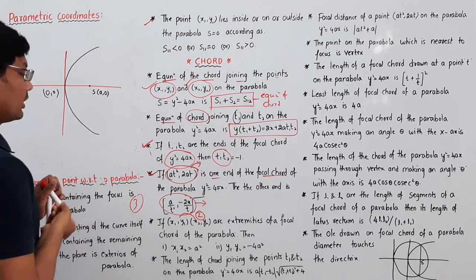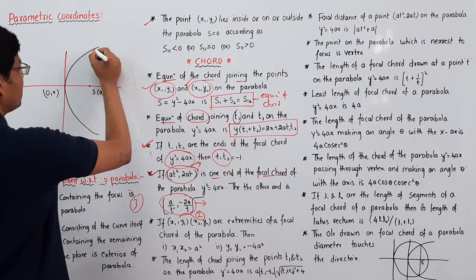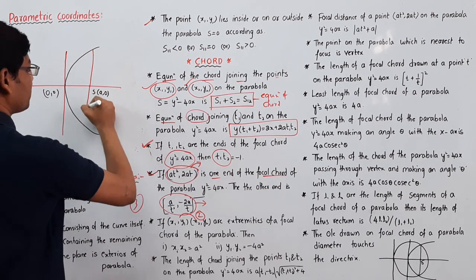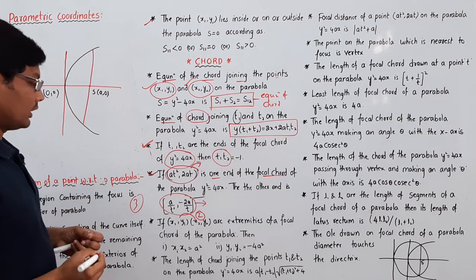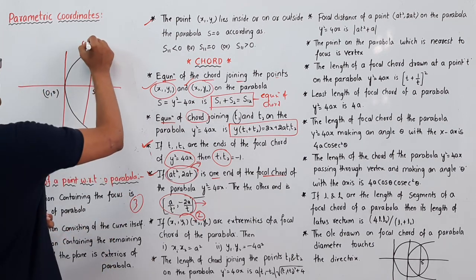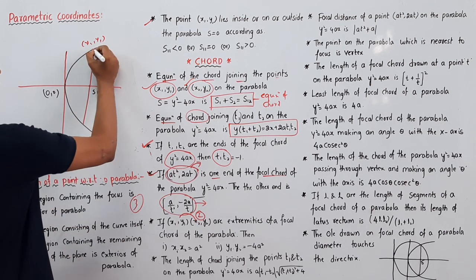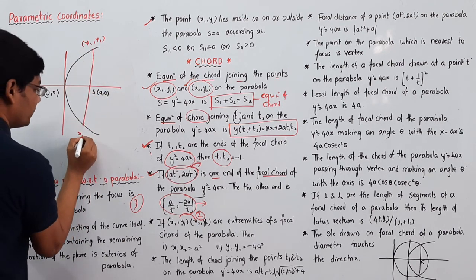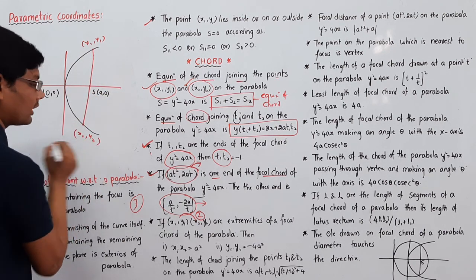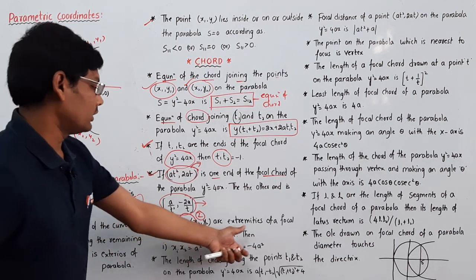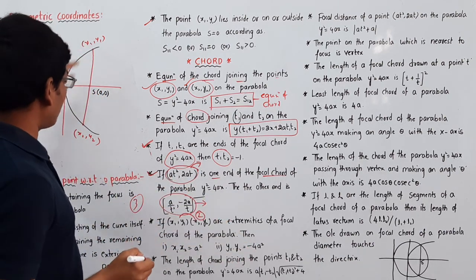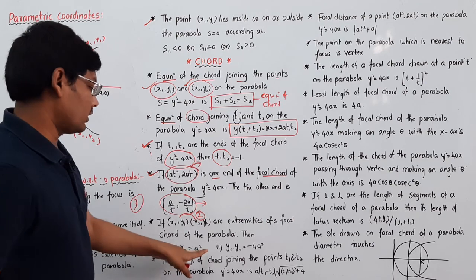And next I am drawing a focal chord which passes through the focus, with x1 comma y1 as the first end of the focal chord and x2 comma y2 as the second end, and these are the extremities of the chord on the parabola.